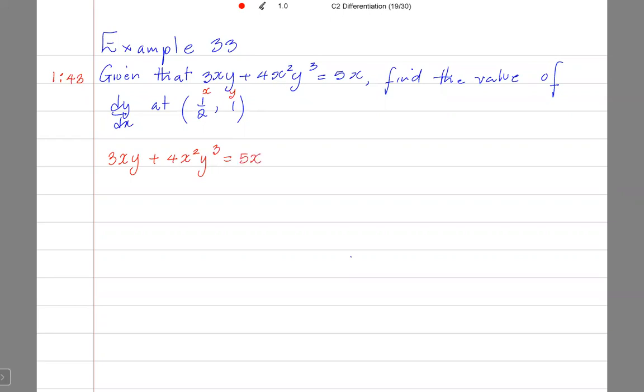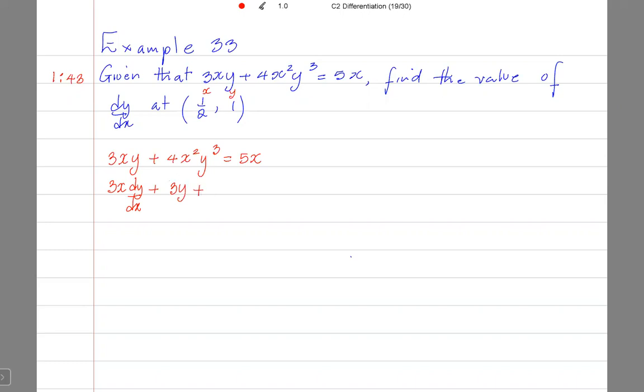And we're being asked to find dy by dx at the point where x is a half and y is 1. So let's differentiate. 3xy is a product. So I'm going to leave the first, differentiate the second, dy by dx, plus differentiate the first, 3, leave the second, y.